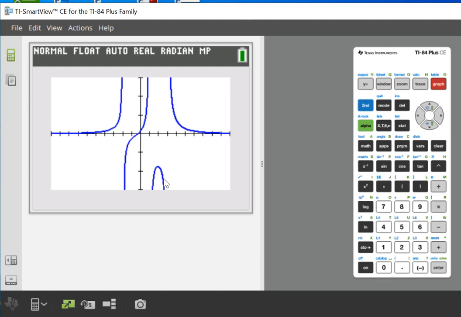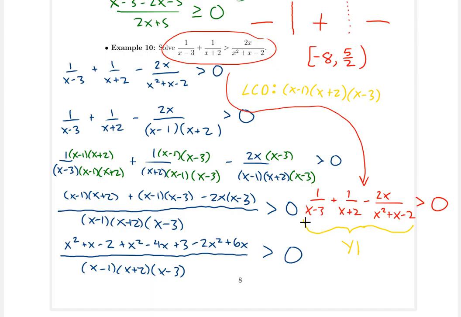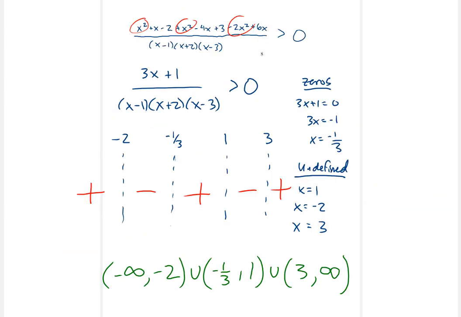So what was our answer, right? Our answer was, on this page, we wanted to go negative infinity to negative 2, then negative 1/3 to 1, and then 3 to infinity. Those are the intervals where we are greater than 0. So let's see how we did.